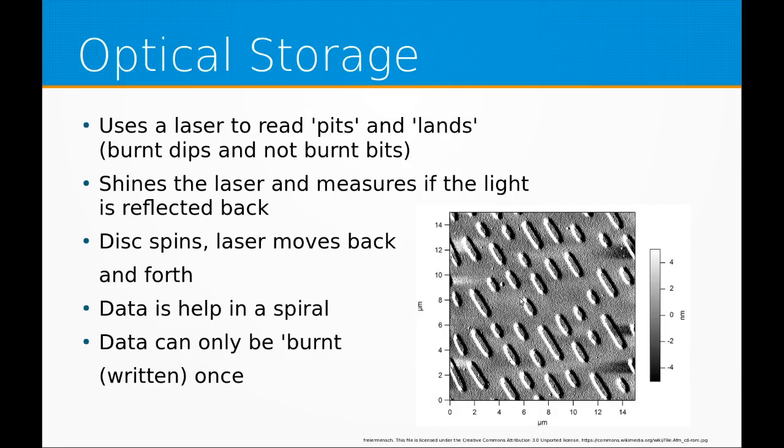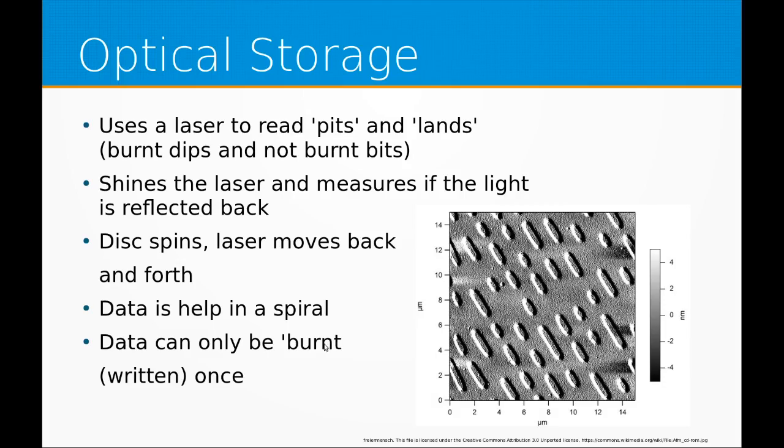A laser will be shone onto the disk. If it's shone on there, it will reflect straight back, therefore that's a 0. If it's shone onto there, it won't bounce back. It will get distributed all over the place. There's no light coming back, that will be a 1 then. And so on. So we'll just go along and it will see if there's data coming back or not.